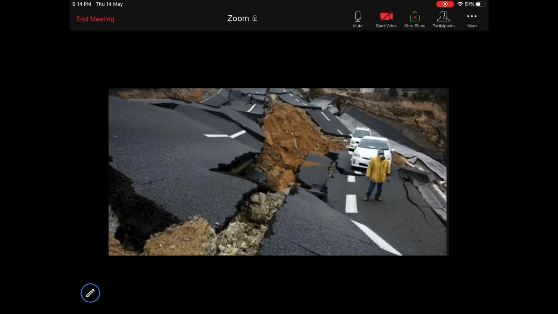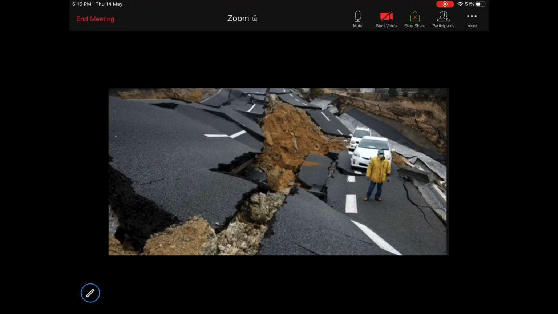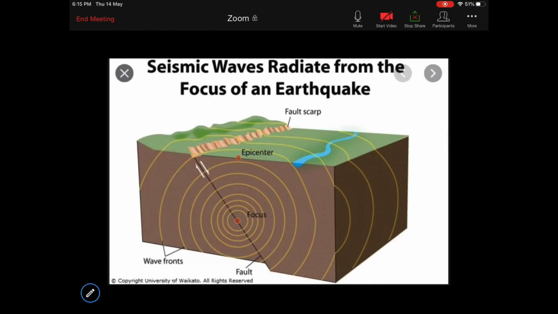If we consider earthquake load in designing, then our structure is safe. Like this is a road, and this is damaged by earthquake effect. So we also consider earthquake effect in designing highways, like sub highways, state highways and other things.